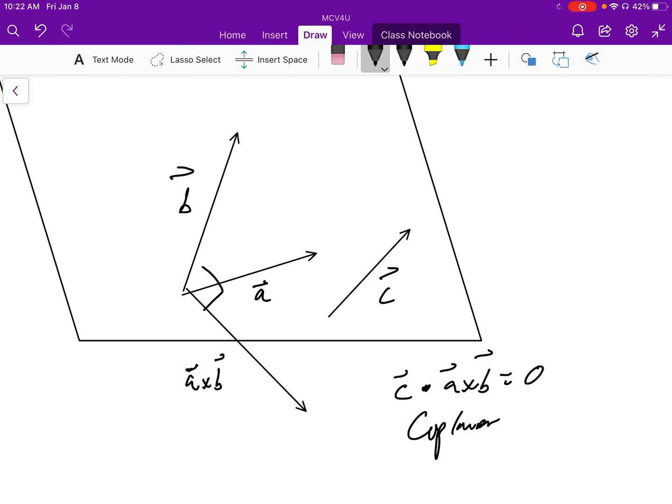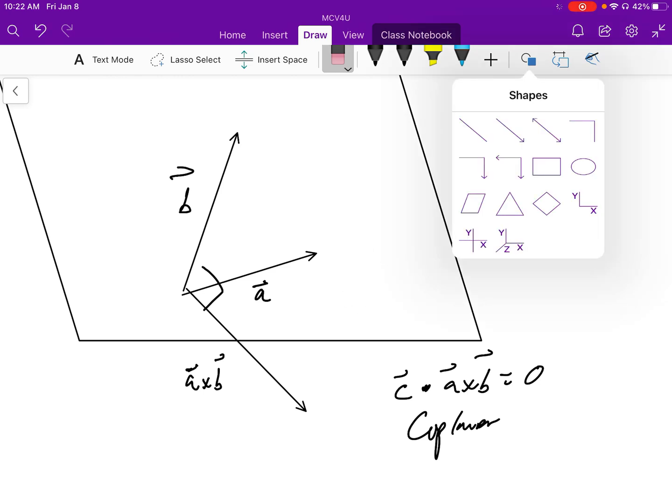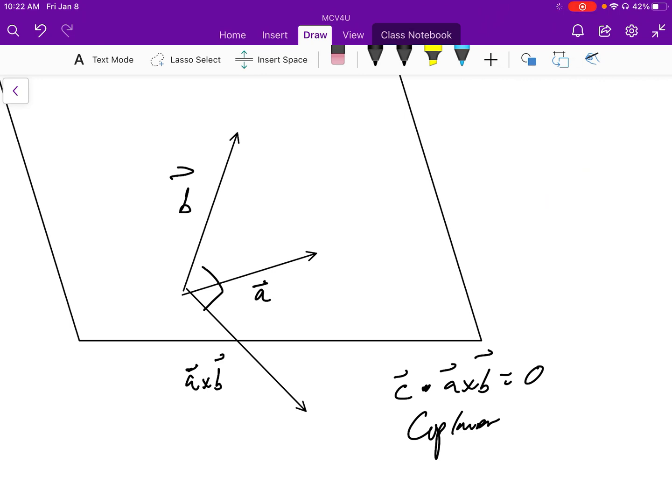Let's take this C off, and if the third vector is not coplanar, meaning it is outside of the plane, going through the plane in other words, then we know that the dot product between the cross product and C is not going to be 0.